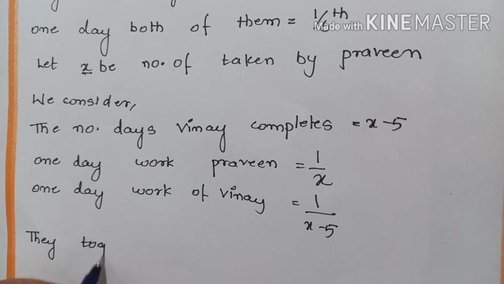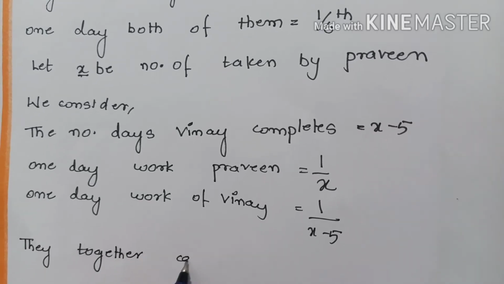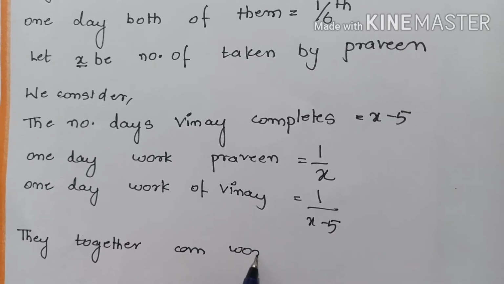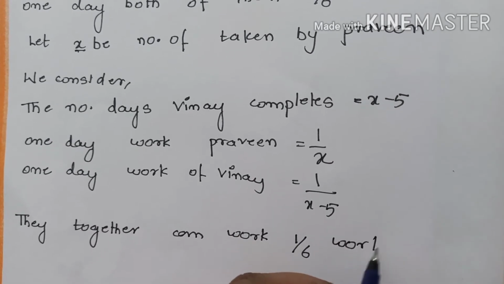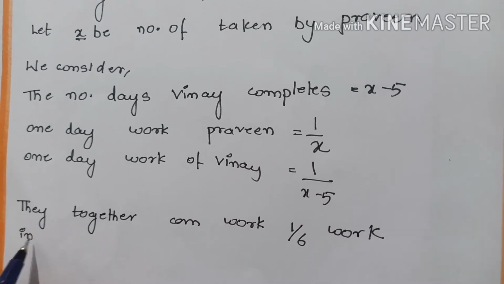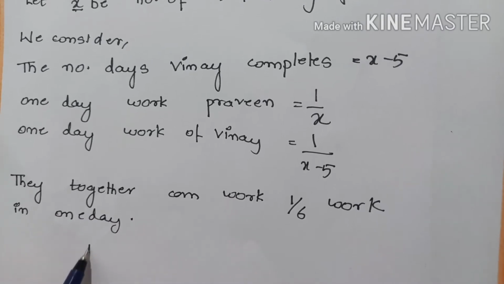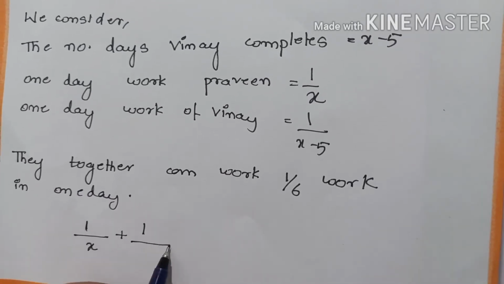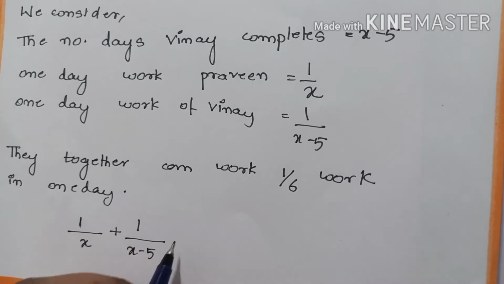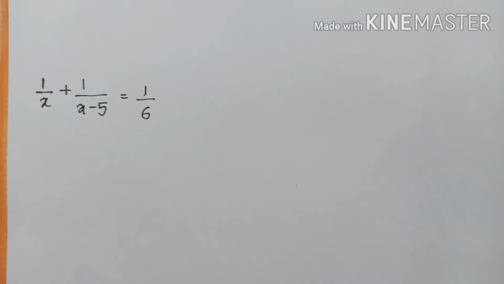We know that together they can do 1 by 6 of the total work in one day. That means the work done by Praveen in one day plus the work done by Vinay in one day equals the total work done together. Now we have got the general form of the equation.